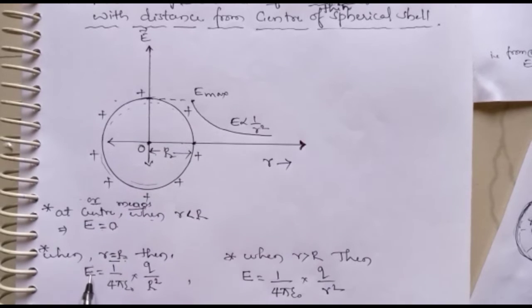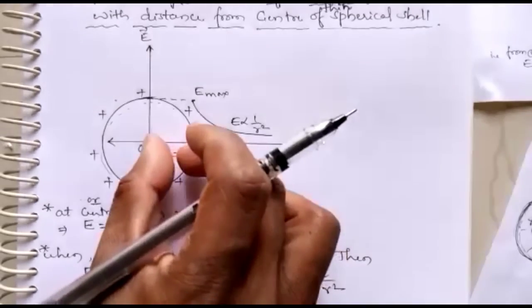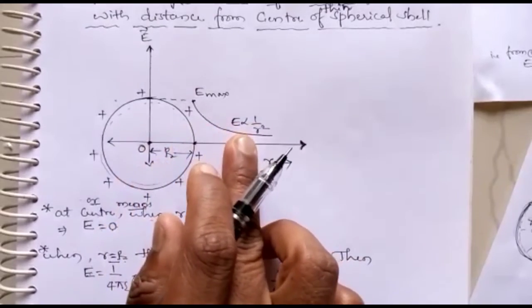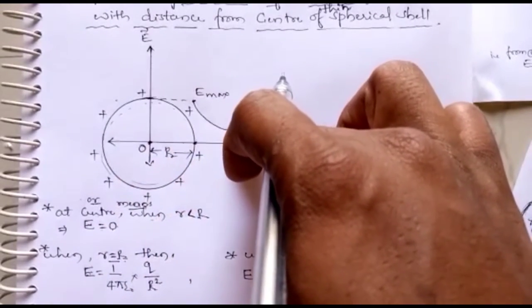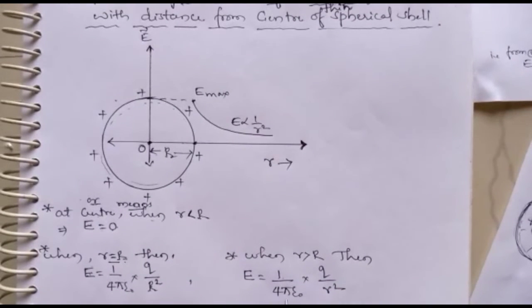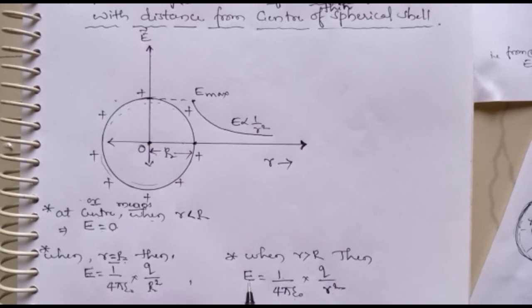Here the electric field E equals 1 by 4 pi epsilon naught q by R square. Similarly, if the distance goes on increasing, the point is outside the spherical shell, and E equals 1 by 4 pi epsilon naught q by r square. This electric field is inversely proportional to the square of the distance. If the distance increases, the electric field keeps decreasing.